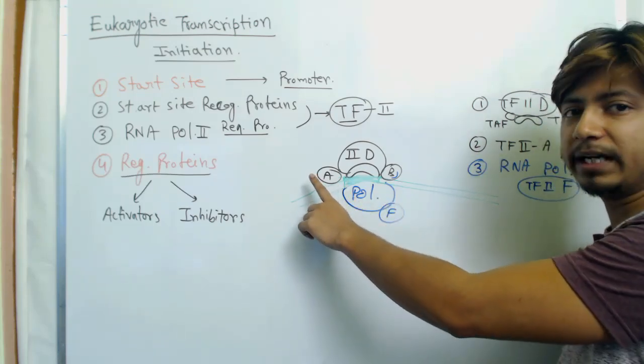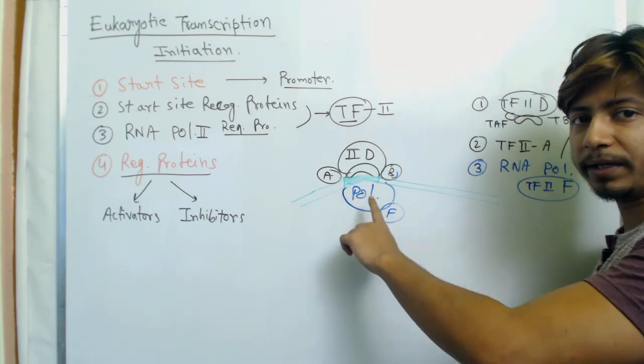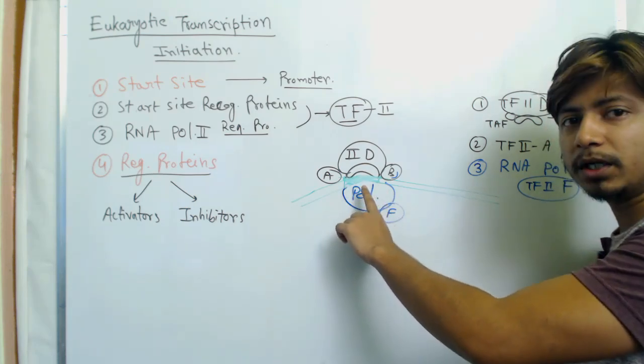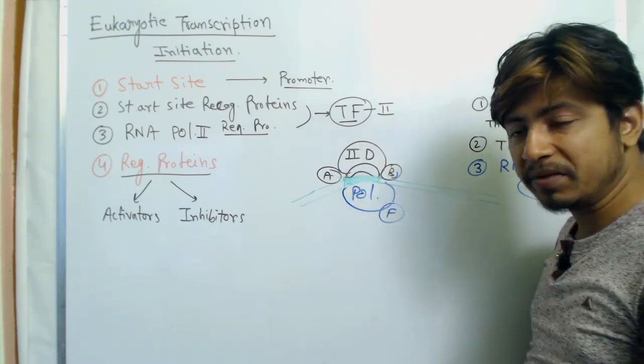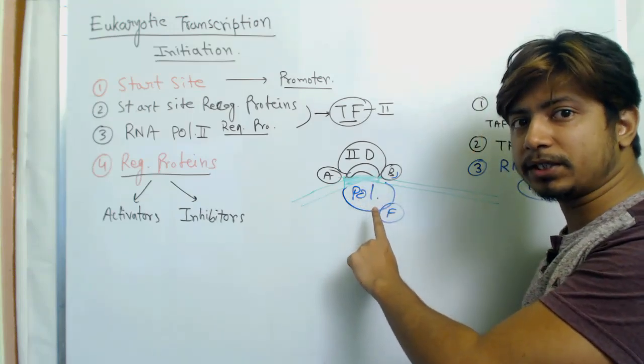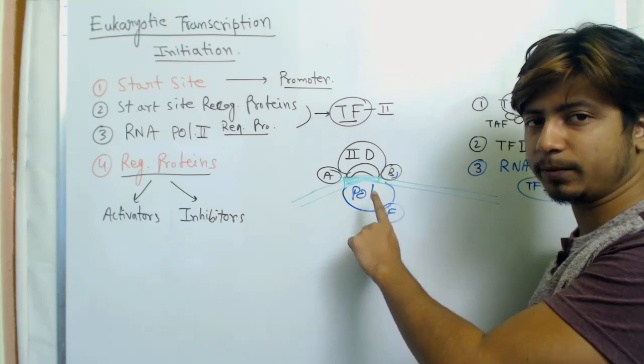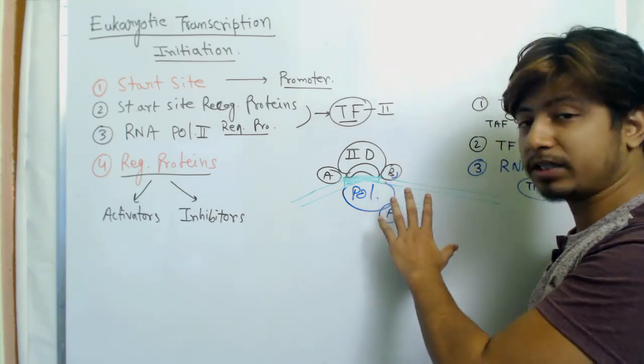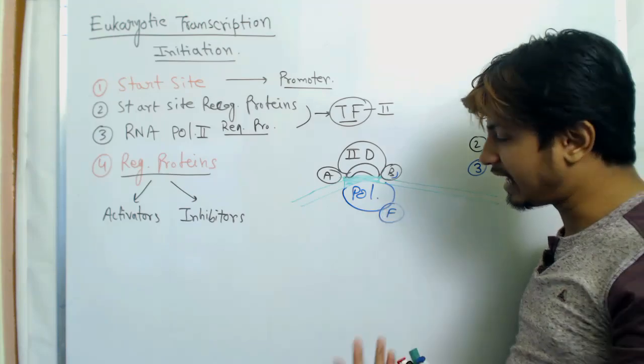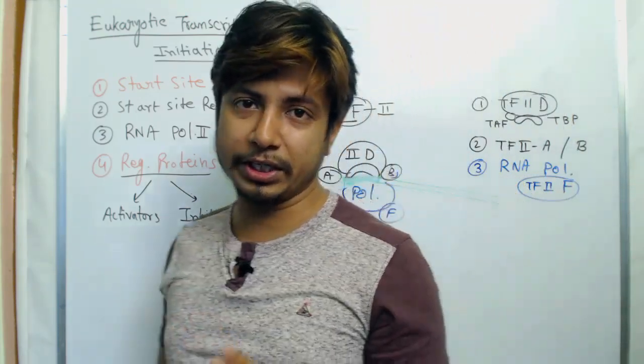If a positive signal is there, then only will the RNA polymerase escape the promoter and transcription begin. If a negative signal is there from a repressor, then the polymerase will remain attached to the promoter and will not escape, so the transcription will be prevented. That's the easy process of regulation here.